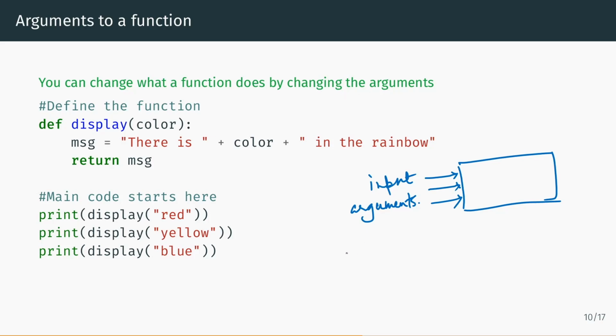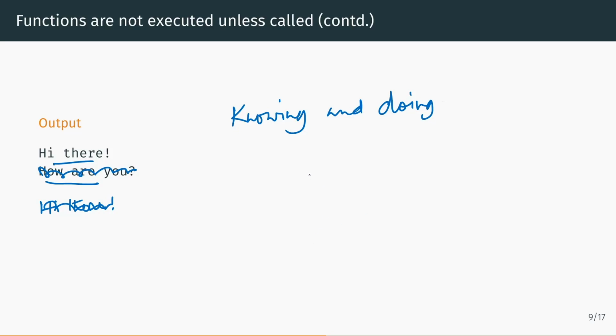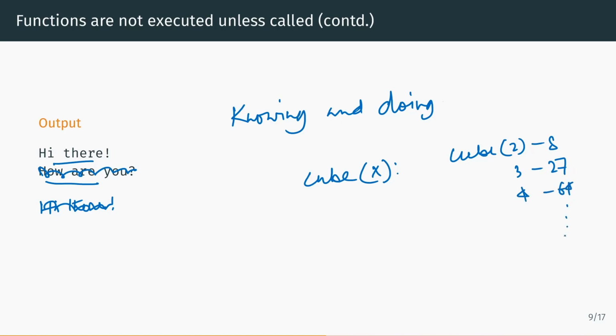Take the simple example of the cube we had before. By changing the value of x, you can change the result. So you can say cube 2, that gives you 8. Cube 3 gives you 27. Cube 4 gives you 64, and so on and so forth.